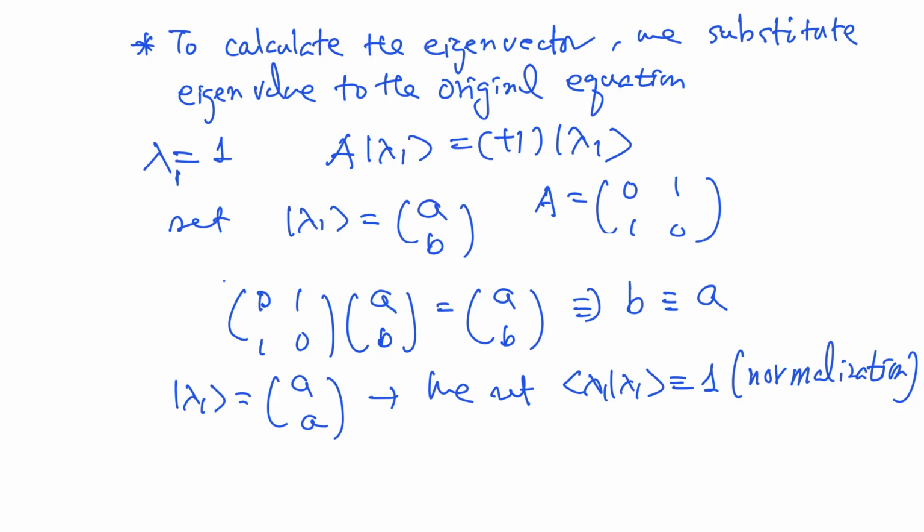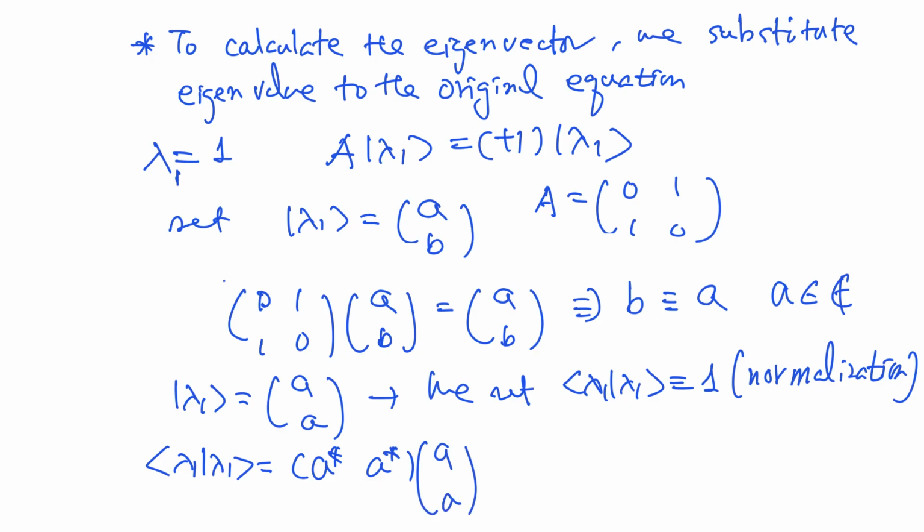Generally a is complex, so 2|a|² is 1. We actually have freedom of choice, but we can set a as 1 over square root of 2.